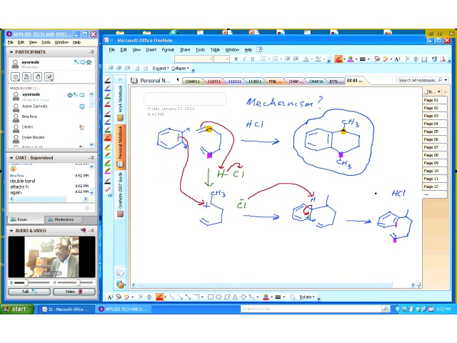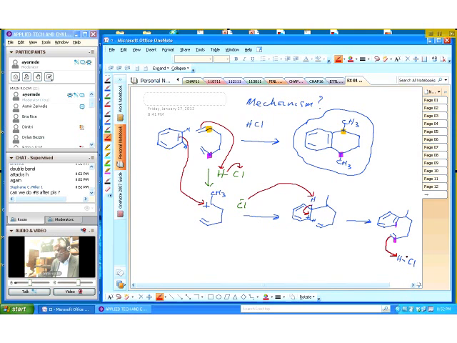So, now we go through the process again. Let me make it a little easier for us to see. Let me take this out of here and put it right here. Okay, so the double bond attacks again, which means that we are now going to get this.